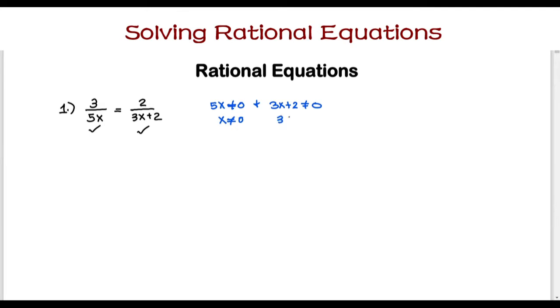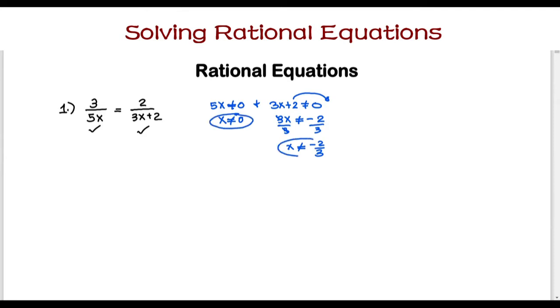You have 3x, this should not be equal to negative 2, transposing to the other side. Divide both sides by 3. You will have x cannot be negative 2/3.